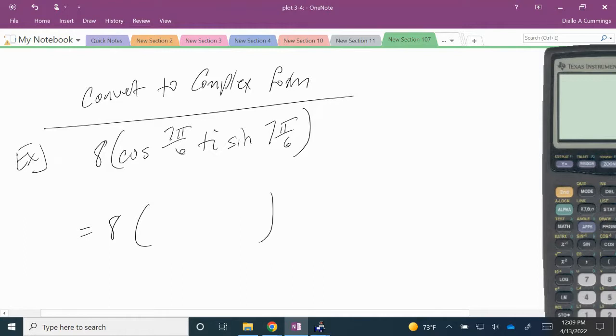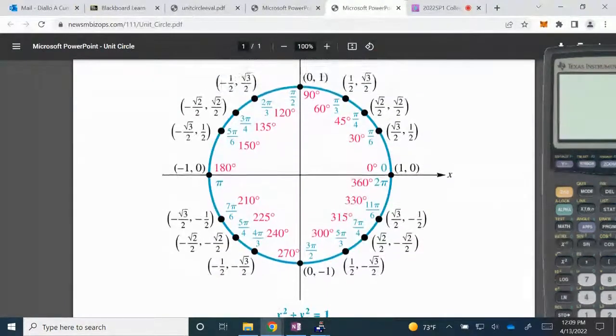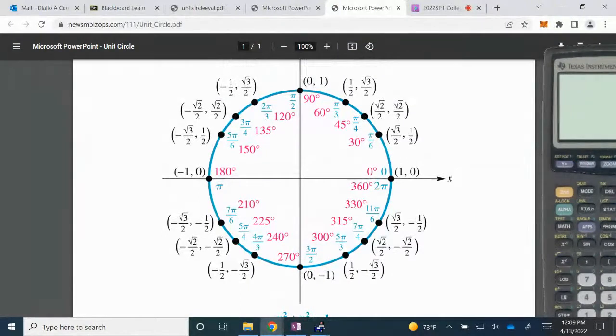Right, so I'm going to simply find 7 pi over 6 on the unit circle, which is 210 degrees. The cosine is negative square root of 3 over 2. The sine is negative 1/2.